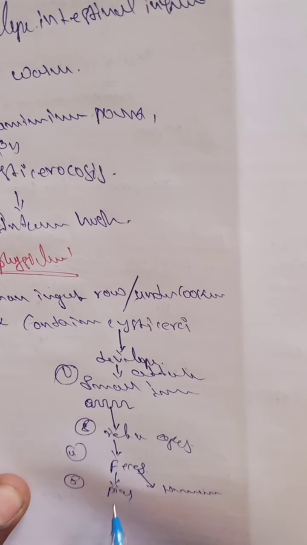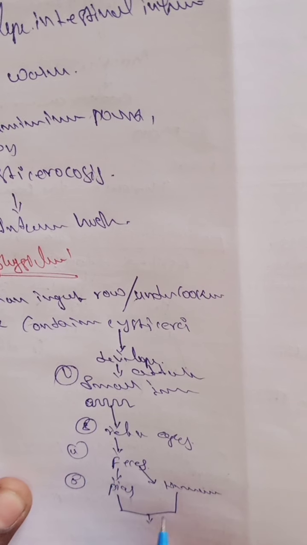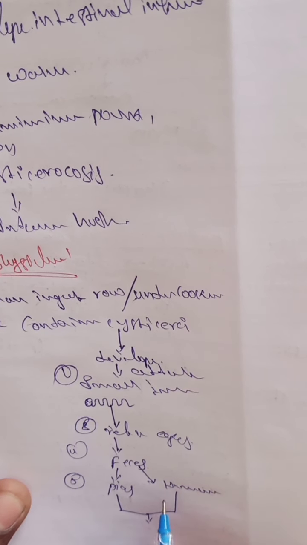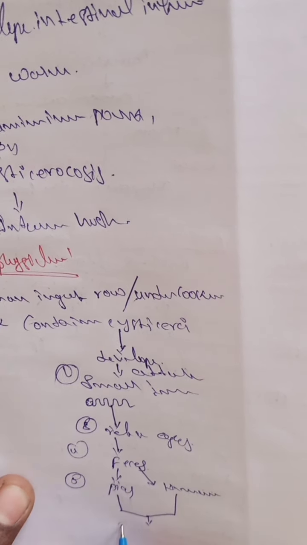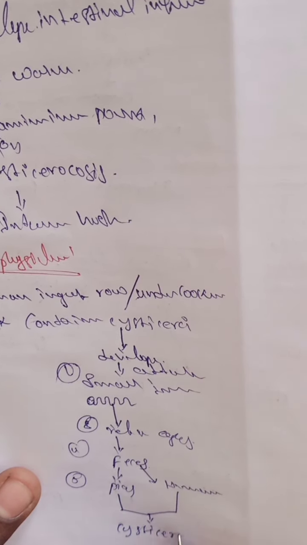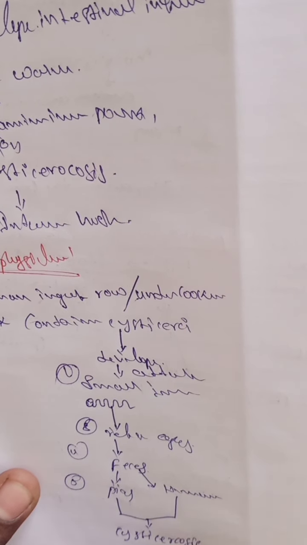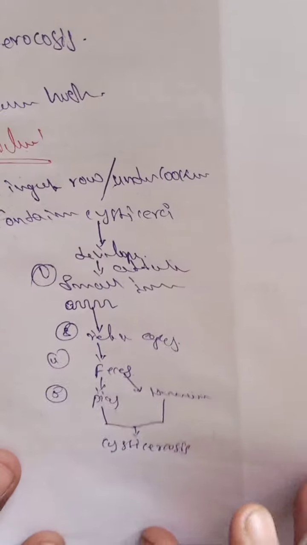In pigs and humans, they develop the eggs and form cysticerci. So cysticercosis develops in our body.